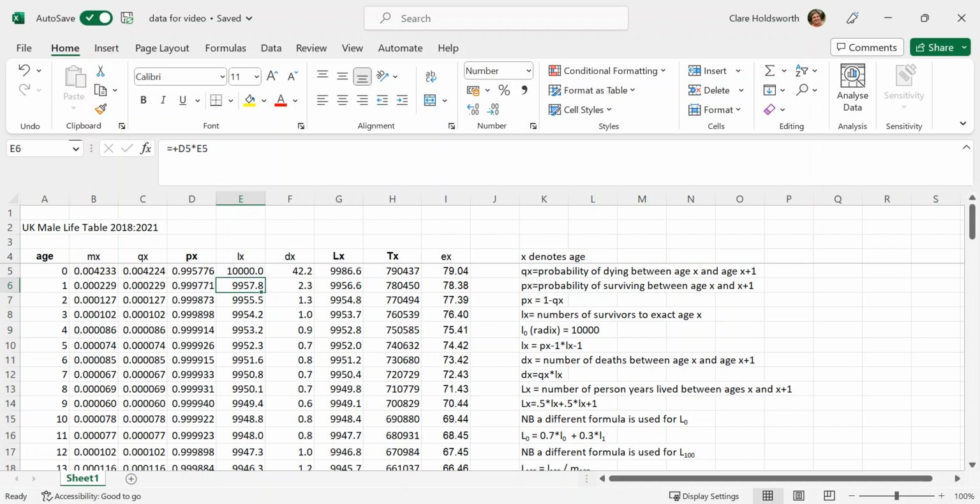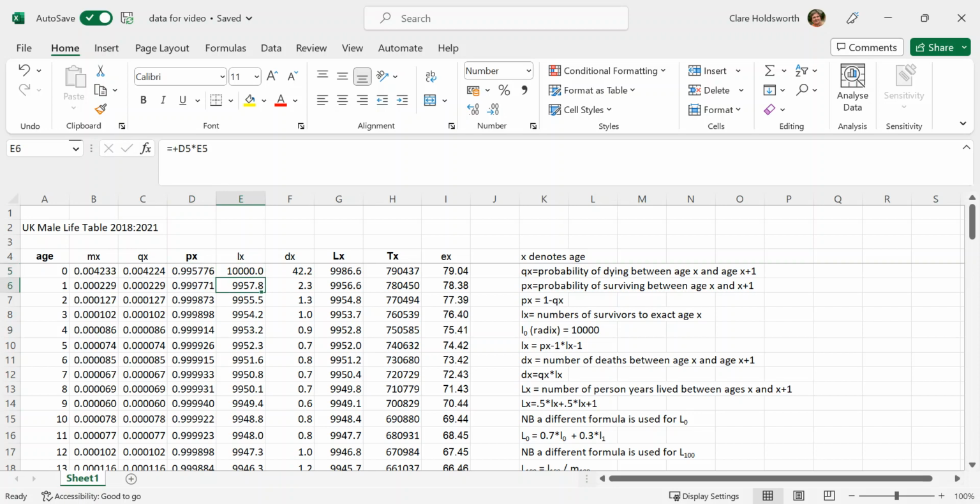And it's very easy to calculate the number of people who survive to exact age 1. We simply have to take the probability of surviving from age 0 to age 1 and multiply it by the number of people who are alive at the beginning of the life table.